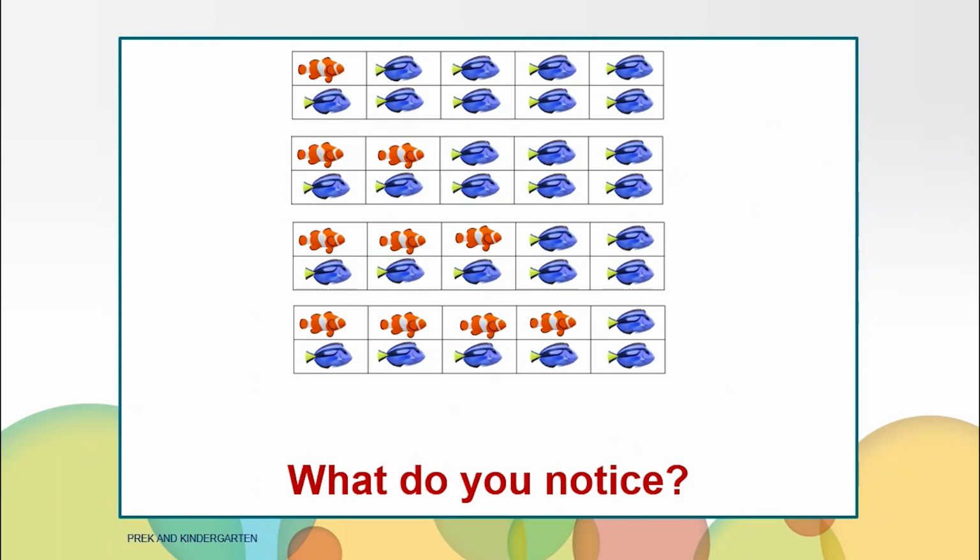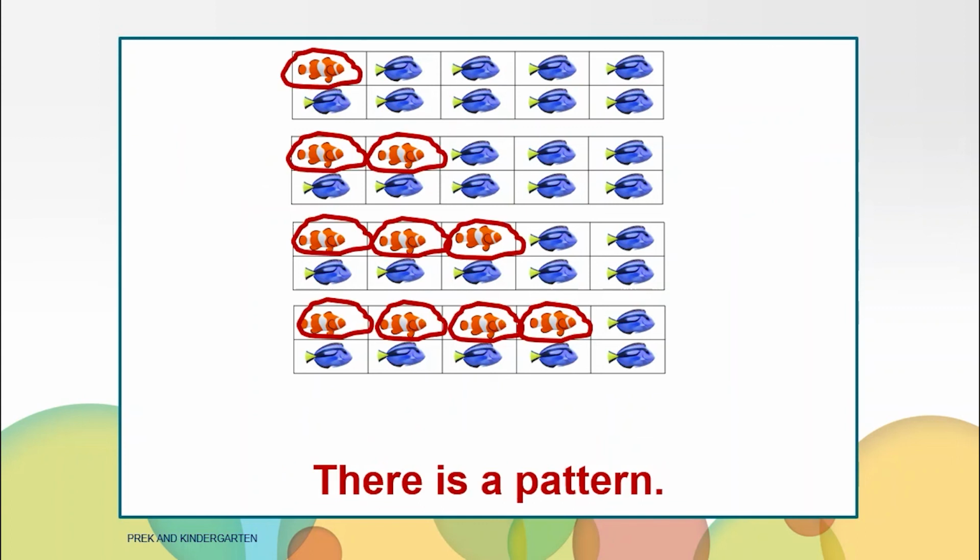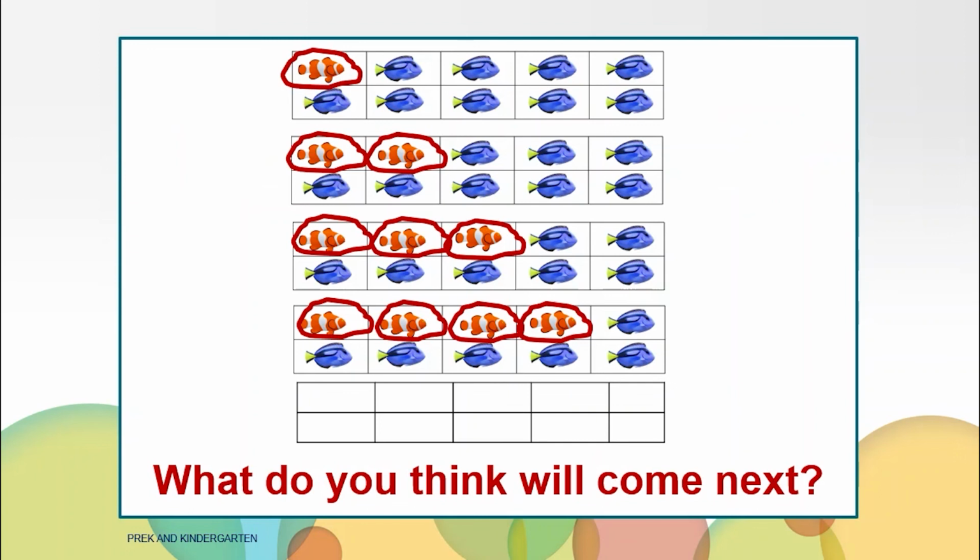What do you notice? There is a pattern. We keep adding 1 orange fish and taking away 1 blue fish. Remember, we are trying to find all the combinations of 10 fish using orange and blue.